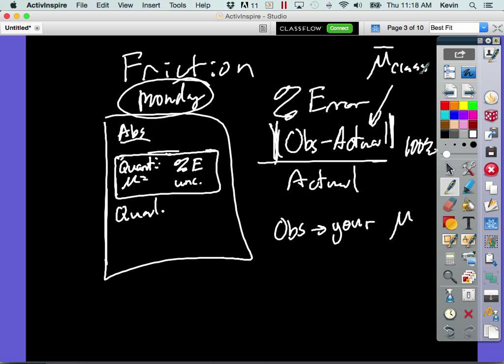Like if you pushed on it when it was flat and then raised it up, it went higher. If you took it off and then gently set it down as you raised it up, then it would slide at a lower level. So the uncertain part here is the actual force of friction, right? How you contact those 2 surfaces changed mu. That's why you got different levels.